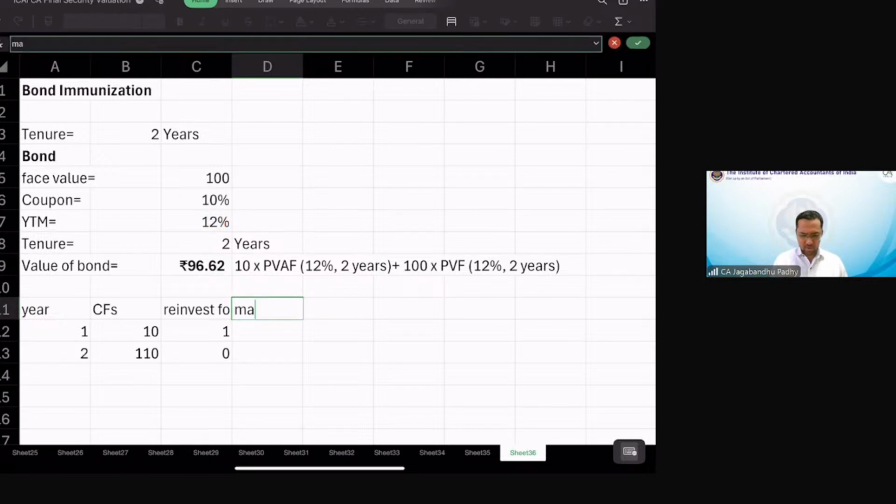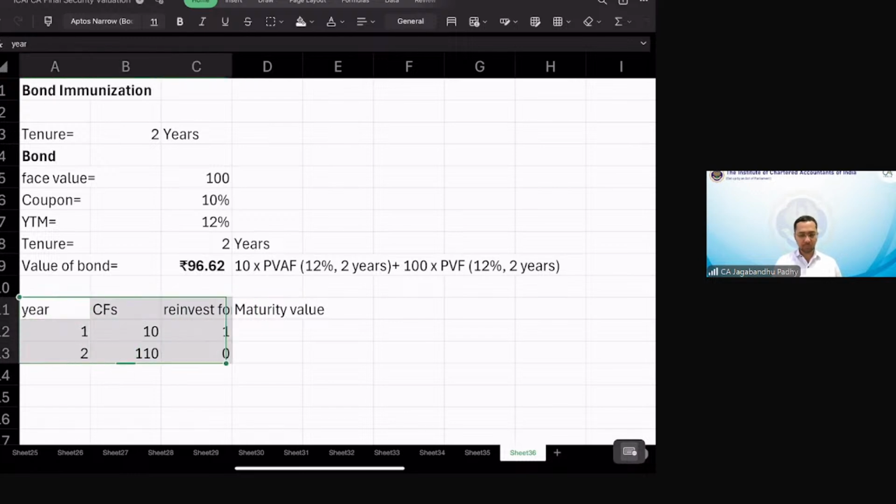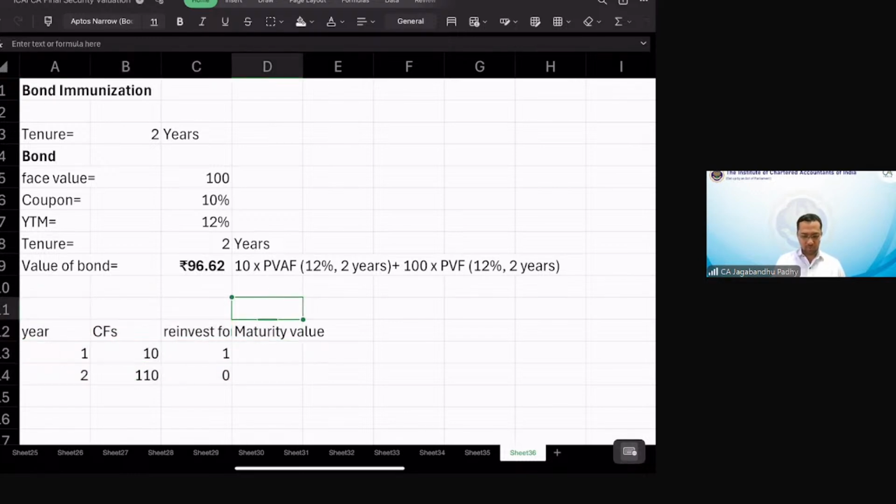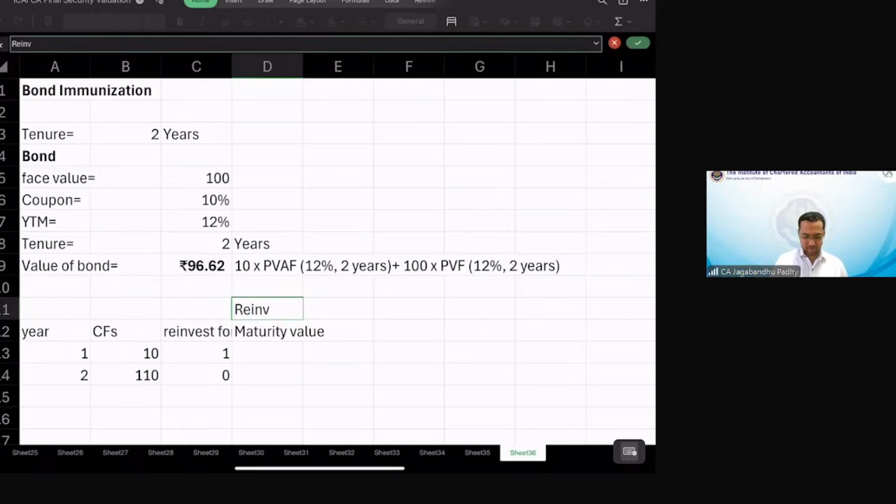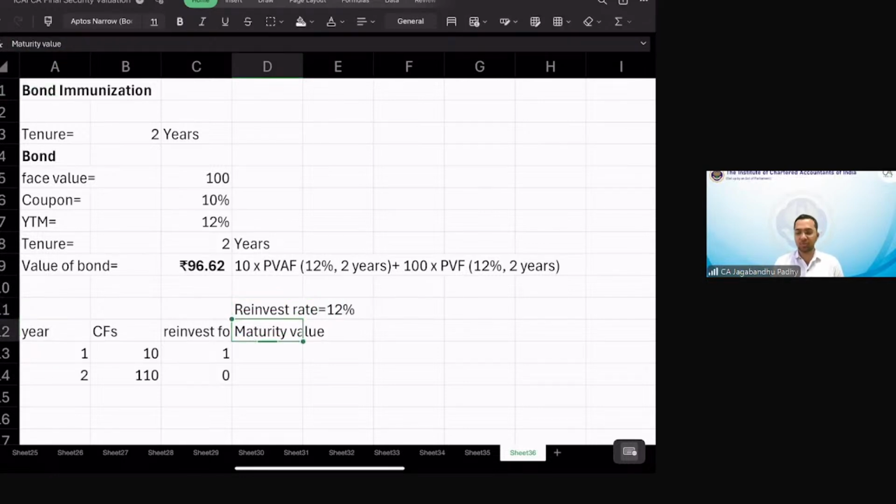So what will be the maturity value where the reinvestment rate is kept the same, which is 12%?